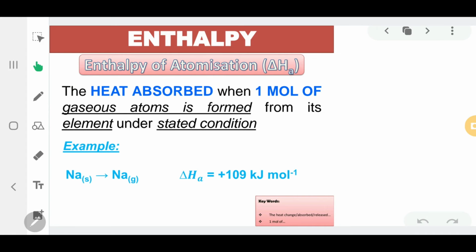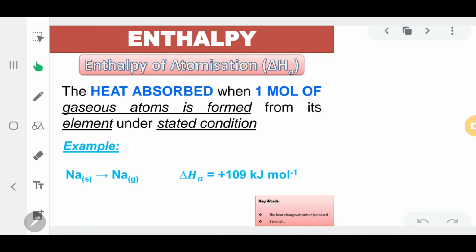So again, when we talk about enthalpy, we have to think about what's going to happen to the heat for atomization, because you want to break the bonds between the atoms in the molecule. You want to break them and change them into single atomic species in the form of gas.